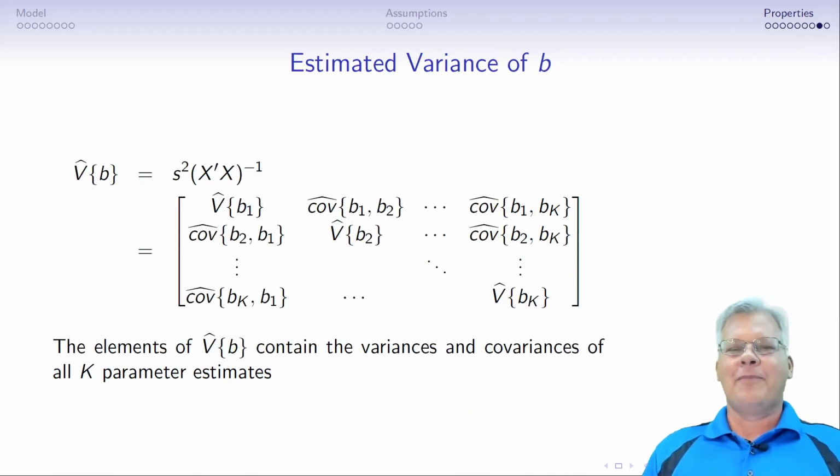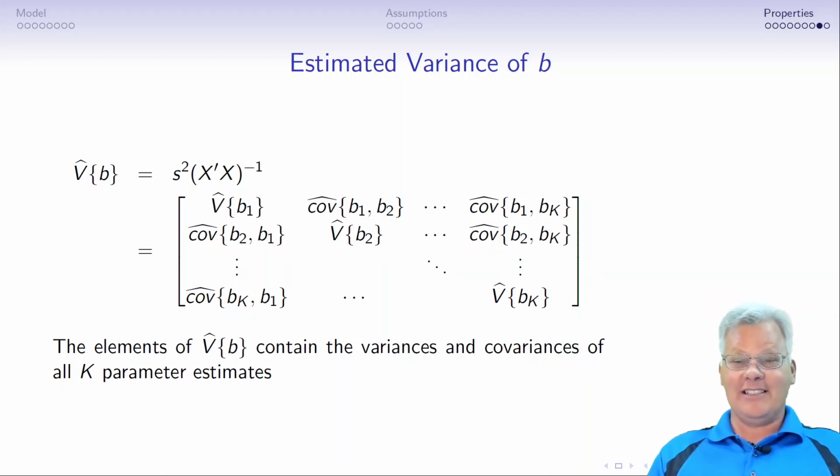So anyway, the estimated variance of B. You'll notice that the true variance of B was sigma squared times x prime x inverse. For our estimated variance of B, we substitute s squared for the true unknown value sigma squared.